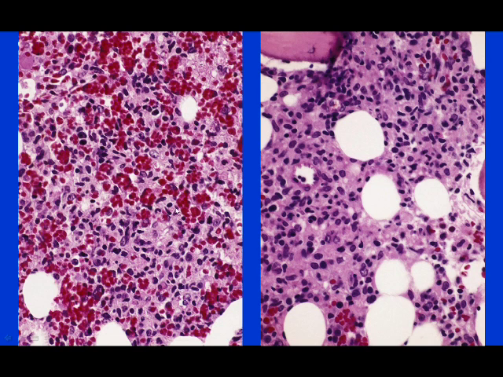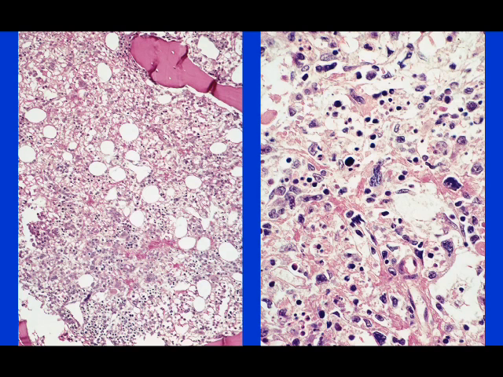But as you see these clusters of red cells here that are sort of strange looking, it's because they're in the cytoplasm of histiocytes, and there's marked red cell phagocytosis as well as platelet phagocytosis in this case. In other cases, you'll see a proliferation of histiocytes, and the phagocytosis is not nearly as obvious, but we see some debris in the cytoplasm of at least some of these histiocytes.